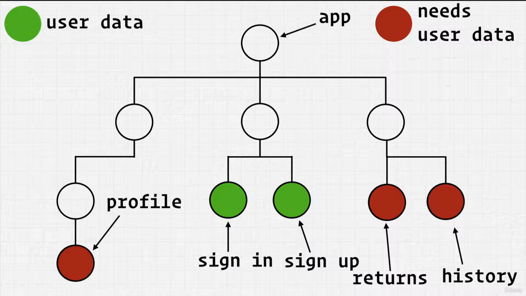Well, that would be the app component, because the app component is the highest level parent that can in turn pass these props down to the correct children. Sign-in can't pass it directly to profile or returns or history.